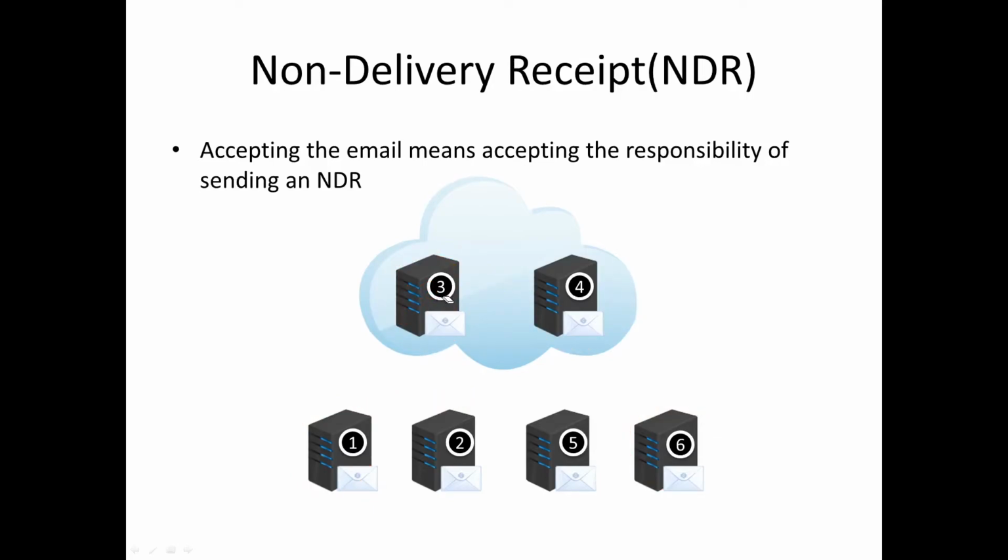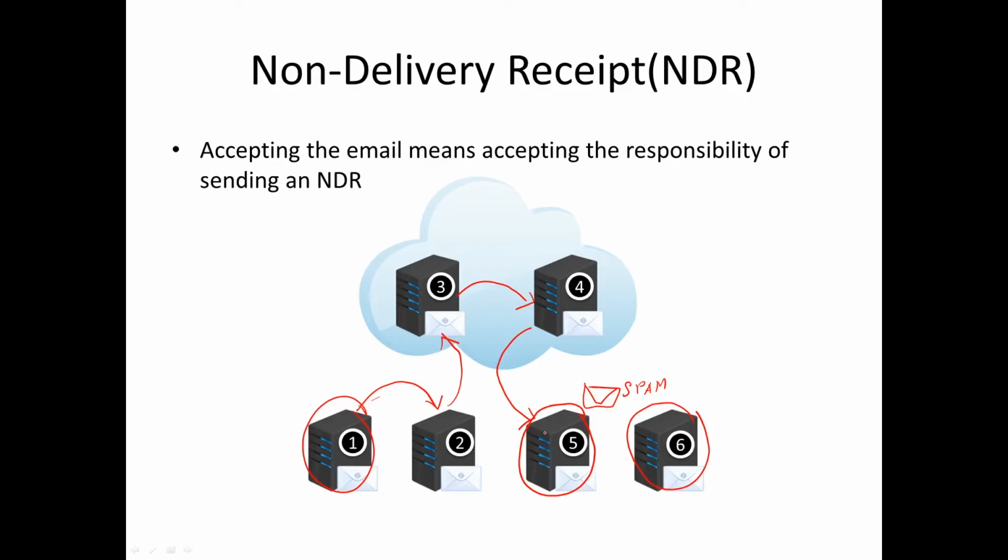Okay, now for the last one. Let's say SMTP server 1 will be sending an email again to SMTP server 6. So the same thing happened: SMTP server 1 to 2, 2 to 3, 3 to 4, 4 to 5, and let's say the message has been successfully received by SMTP server 5. However, the scanner found out that the message is spam.